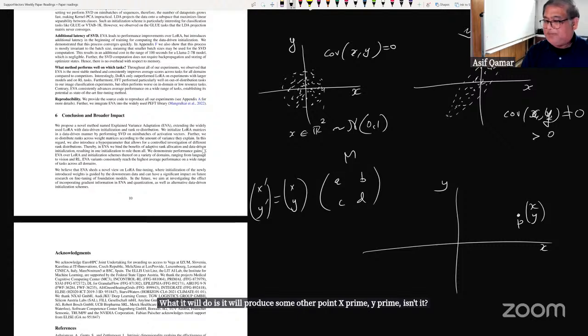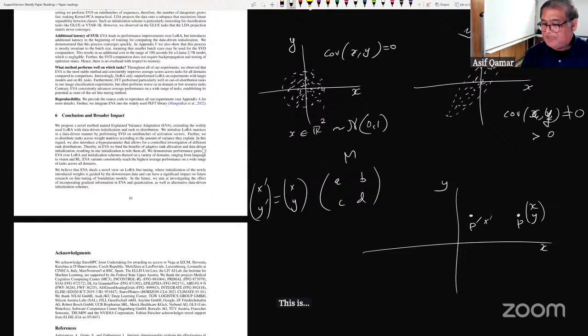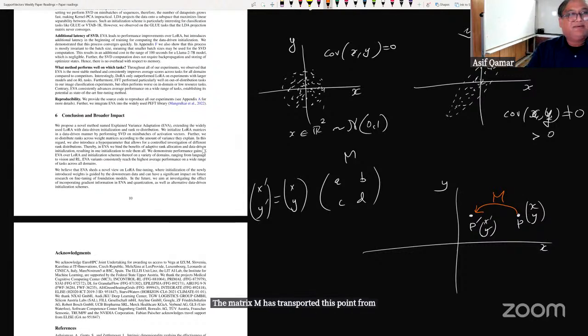And this point may be somewhere here. Let us say that it went from here to here. This is P prime, that is x prime, y prime. So the matrix M has transported this point from P to P prime, isn't it?